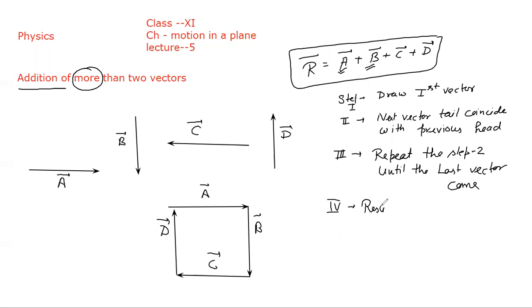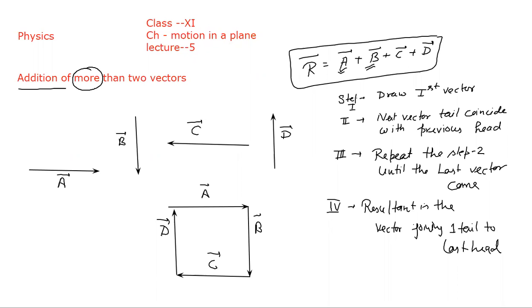The resultant is the vector joining the first tail to the last head.